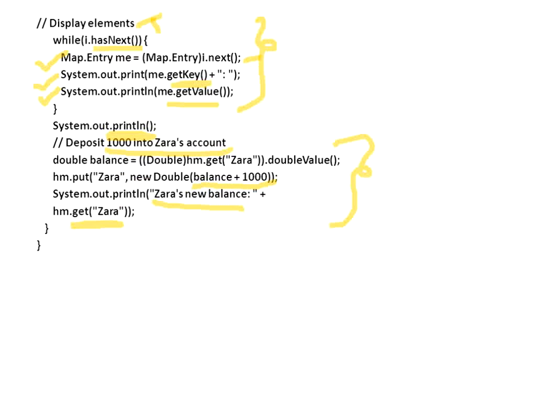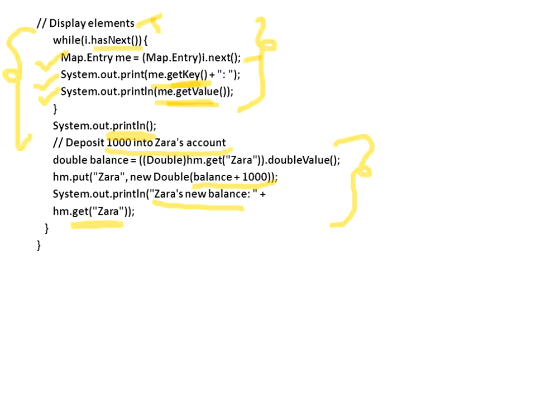And after that, we have displayed these values one by one, because here you have me.getKey and me.getValue. So all keys along with their values are displayed one by one.